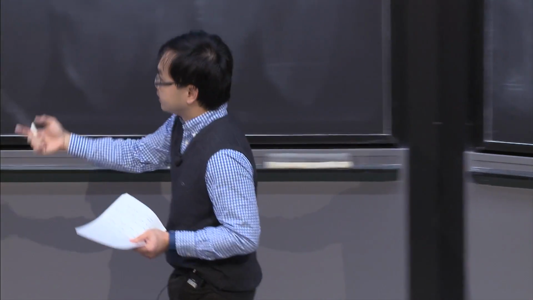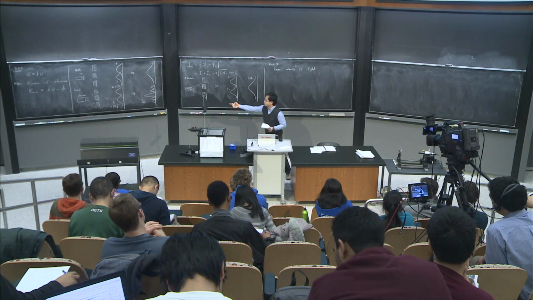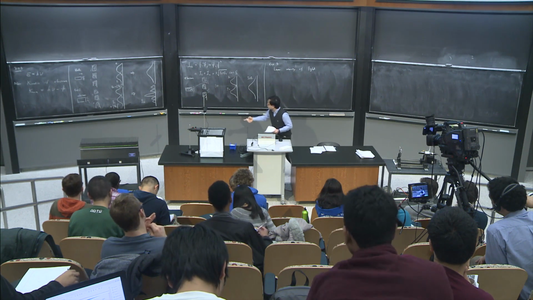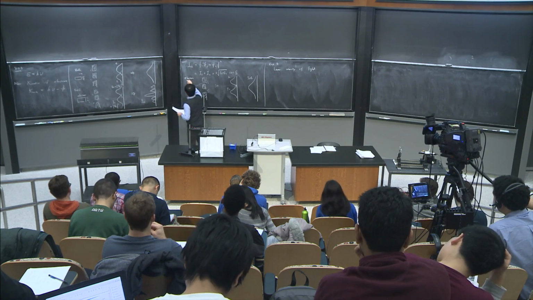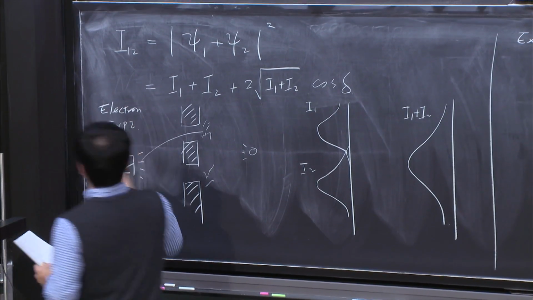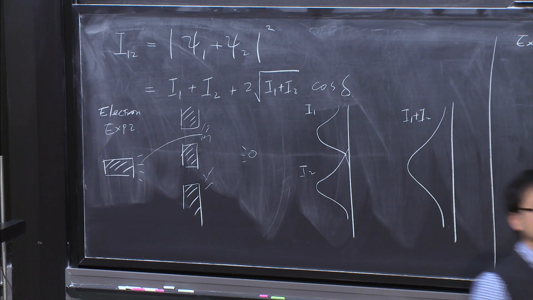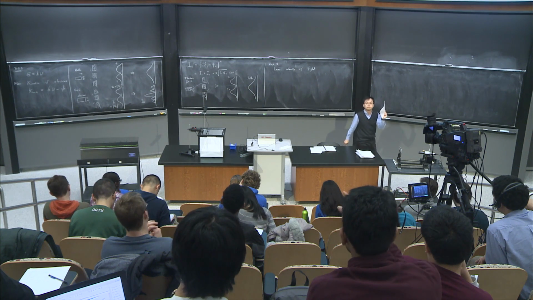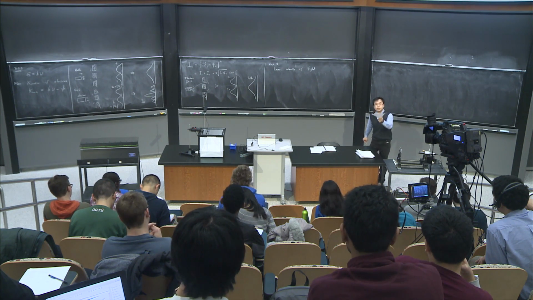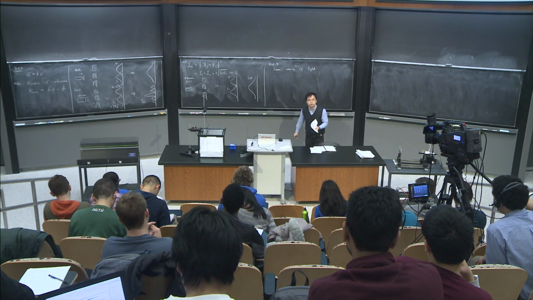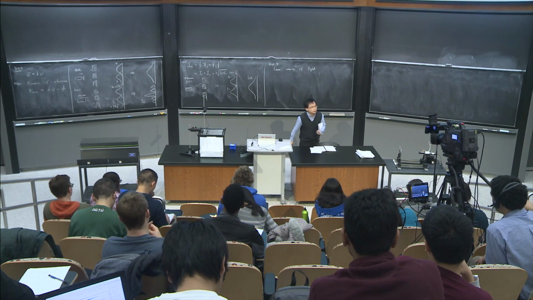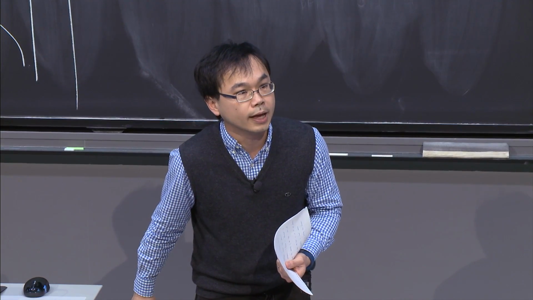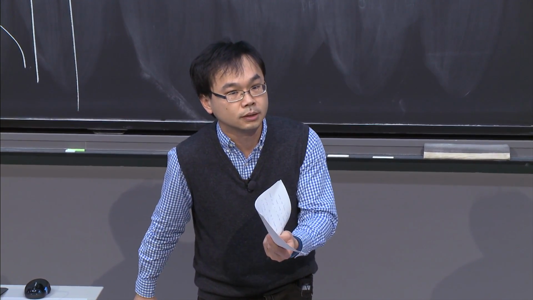Is that going to be like experimental result number 1, or is that going to be like experimental result number 2? Anybody want to guess? Very good. So the result, as I mentioned before, is that sometimes the electrons are detected by the light source.